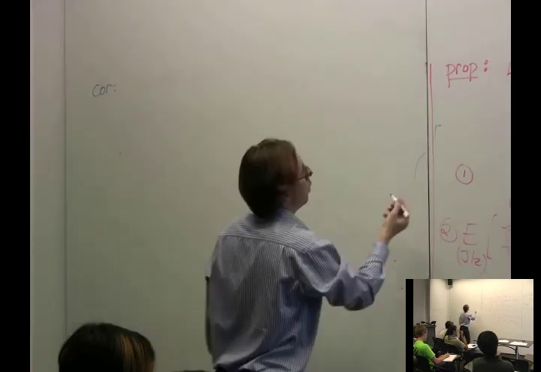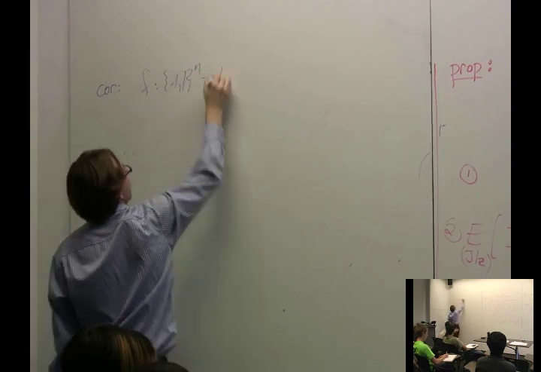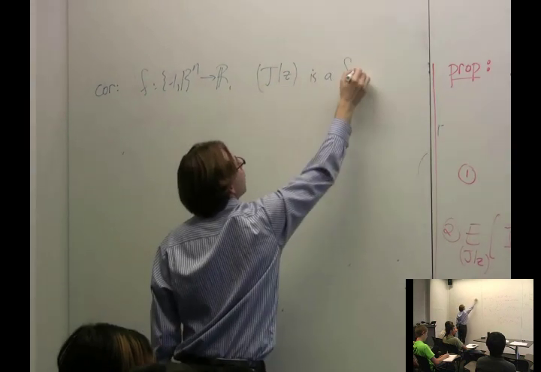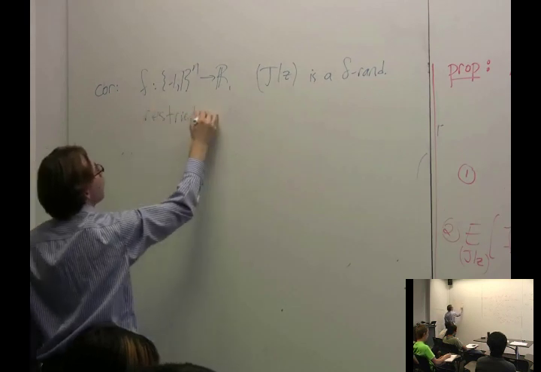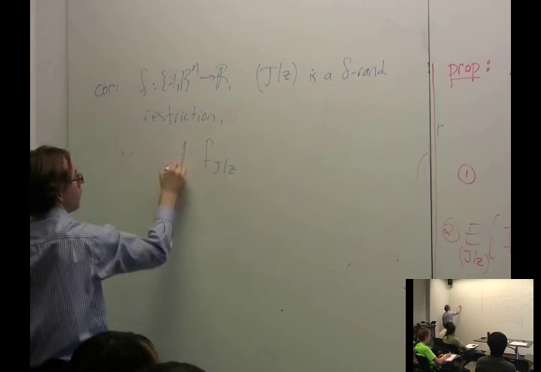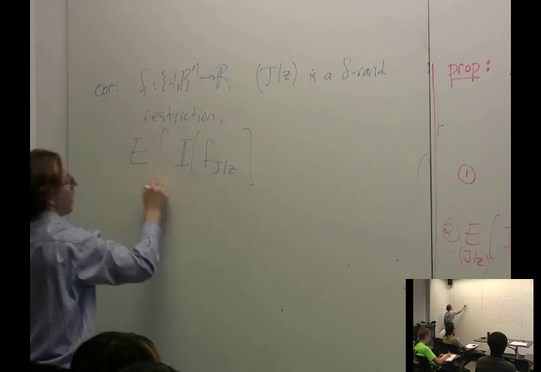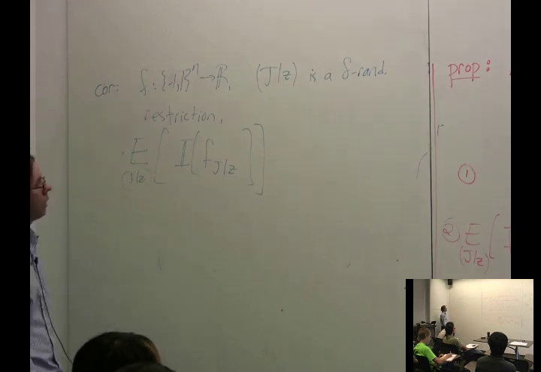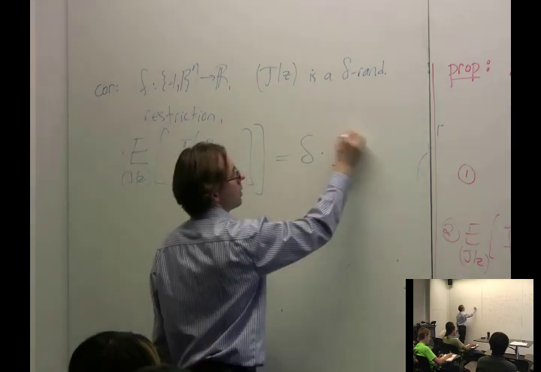In this same scenario where f is a Boolean function and J, Z is a delta random restriction, we may look at this restricted function and ask about its total influence. Well, this is a random variable. It depends on the restriction. So let's ask about its value in expectation over the random restriction. And very nicely, it's equal to just delta times the total influence of the original function.